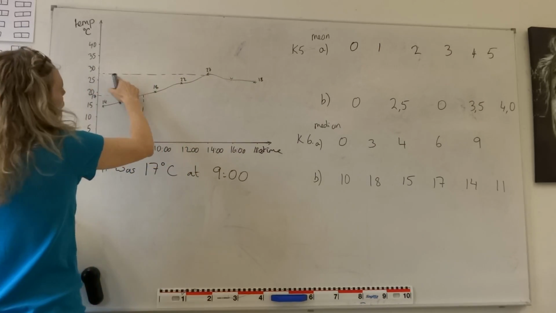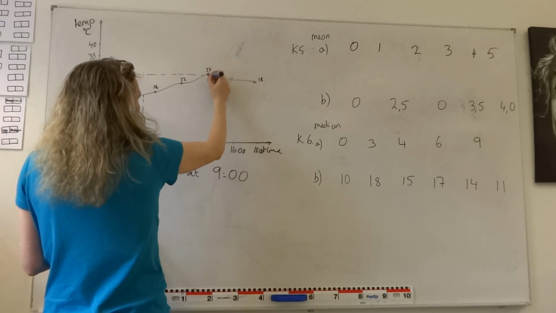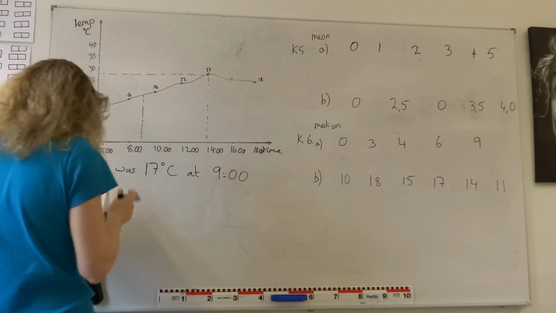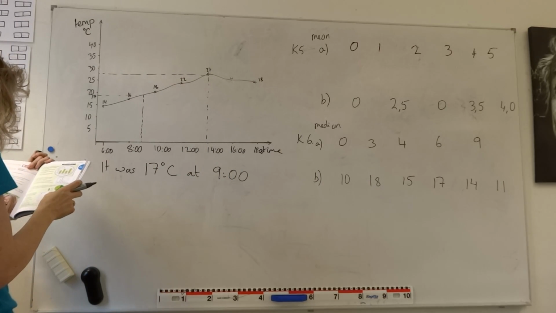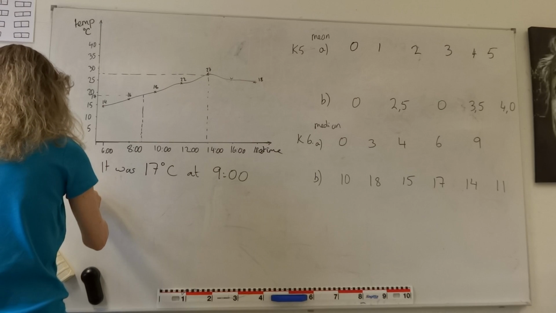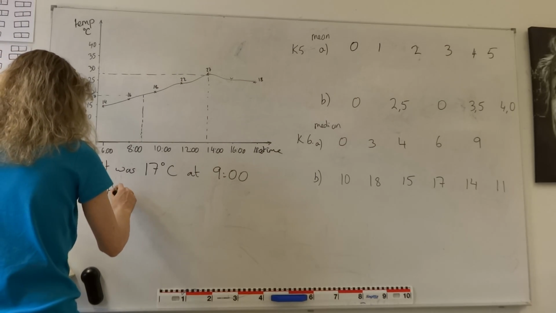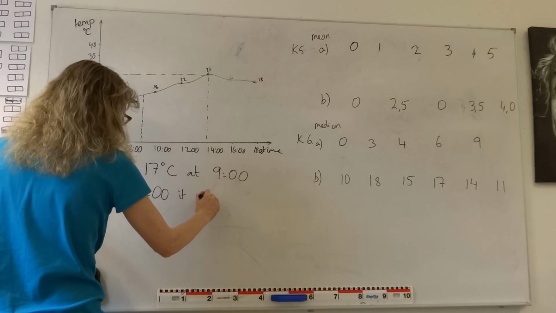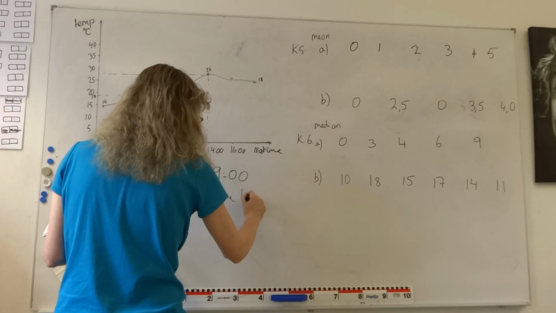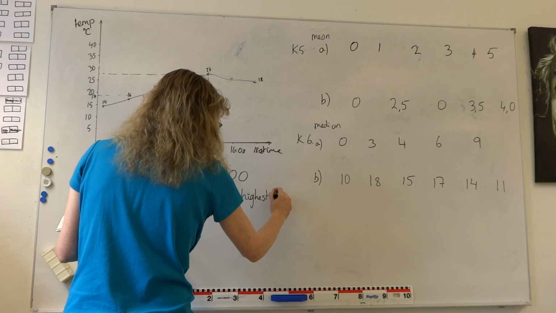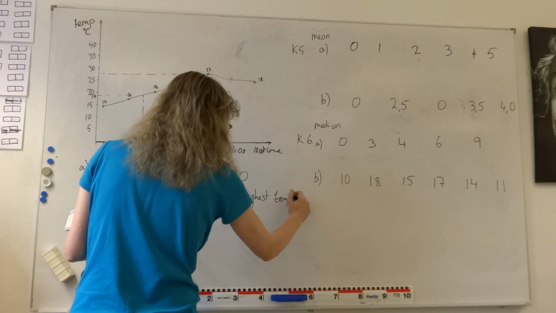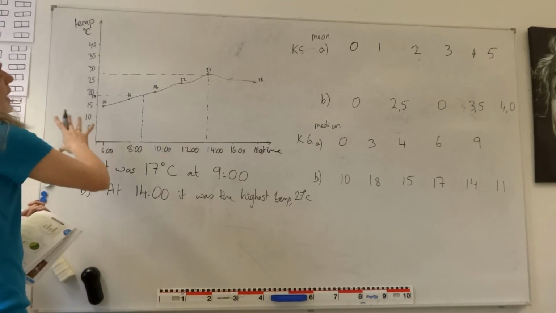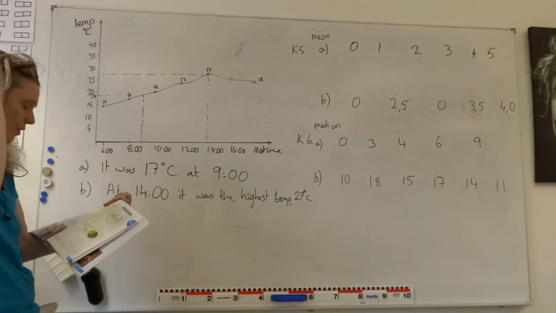So we draw a horizontal line from 27, and then we draw the time down there and see what time it reached 27 degrees, and that is at 2 p.m. At 1400, it was the highest temperature, which was 27 degrees C. So it's just making sure that you know how to read the data off the graph.